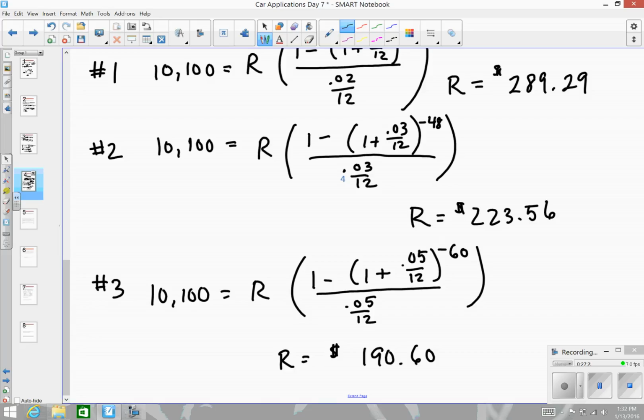If I do that the same for my other two loans, you're going to find that the first loan actually has you paying the least amount of money of all three. But the nice thing about that last loan here is that it puts the monthly payments lower. So if somebody can't afford the higher payments that you get with loan number one, they might need to extend their loan out longer with a higher interest rate just to bring the payments down and make it affordable.